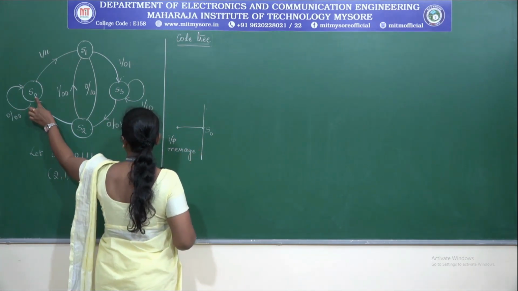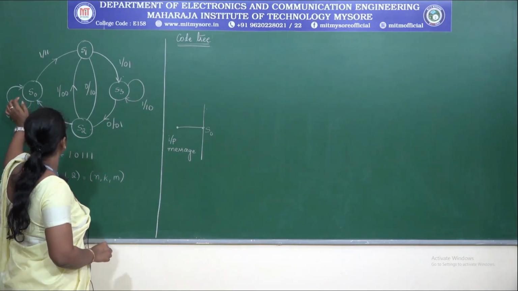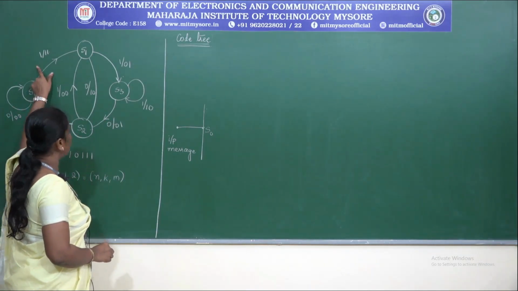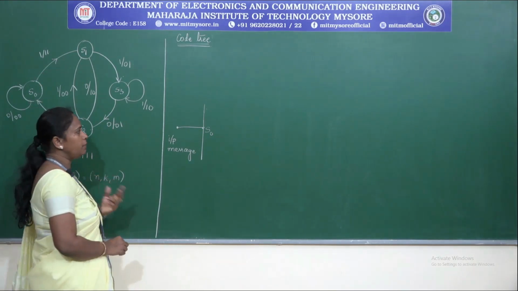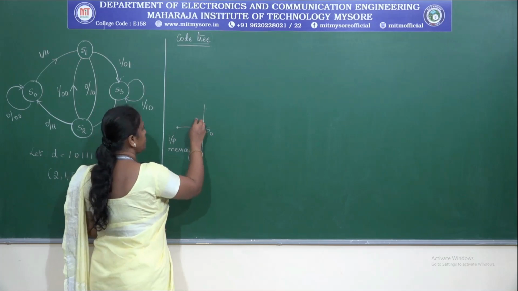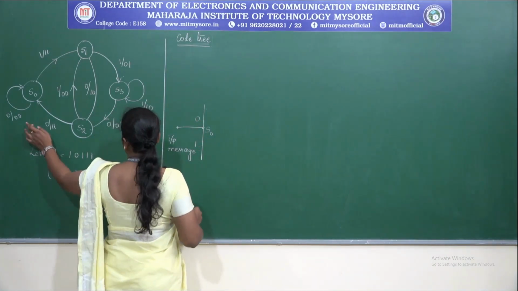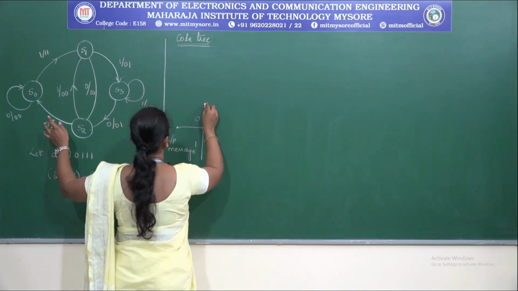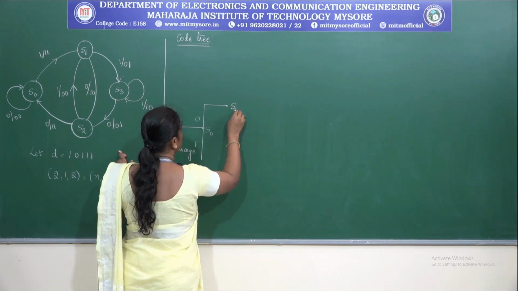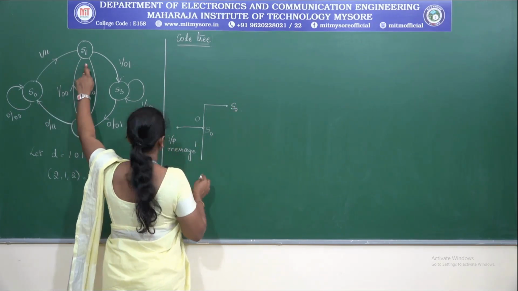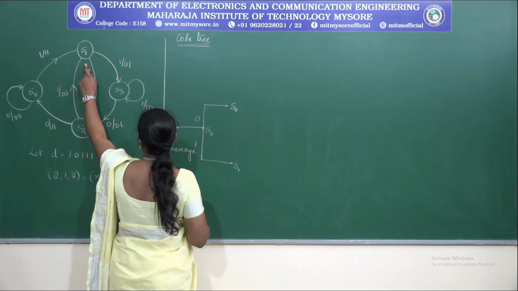Now you know that your state S0 has two possible inputs, that is input 0 as well as input 1. If the input is 0, where is it going to reach? It is going to reach the S0 state. If the input is 1, then it is going to reach the S1 state.